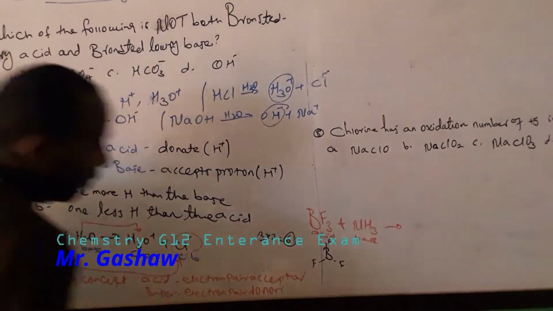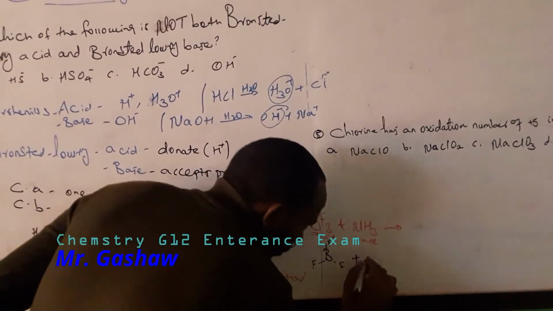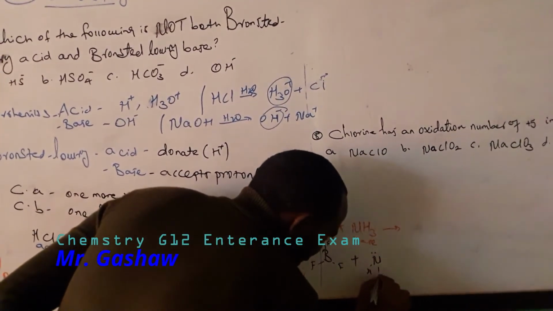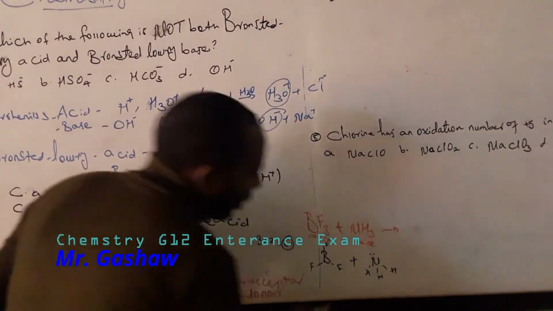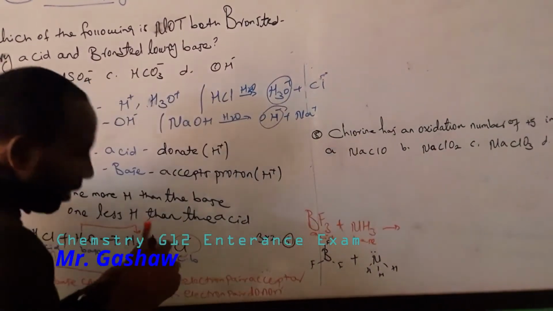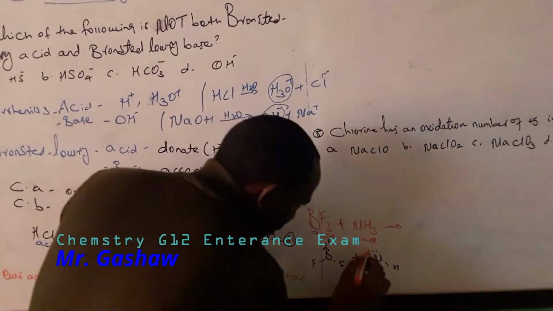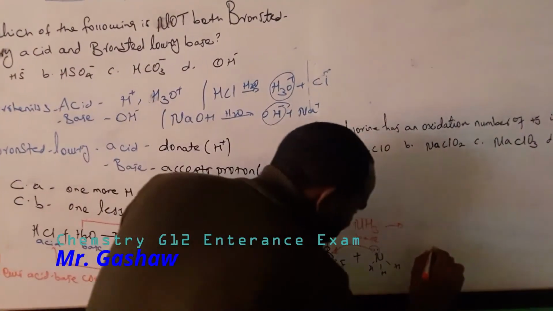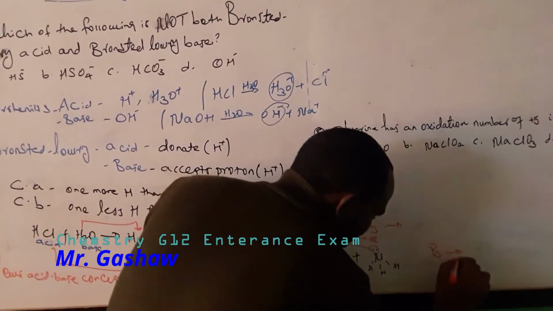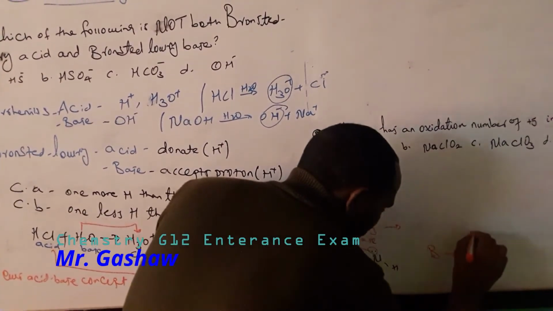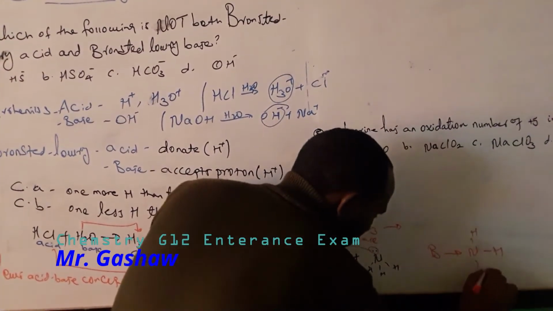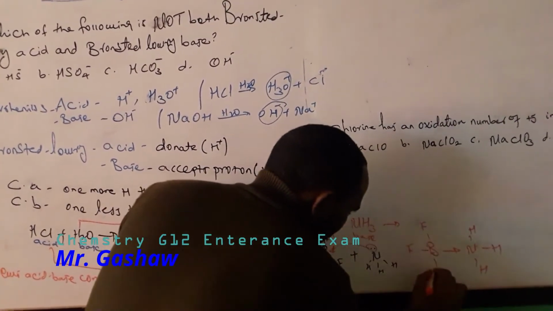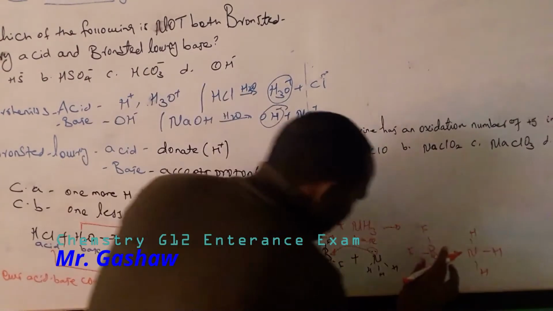So from this one, ammonia here has 5 valence electrons and it has a lone pair of electrons. So this atom gives the electrons, gives what? The electrons to boron to make these bonds. To make what? This bond. Look at this one.